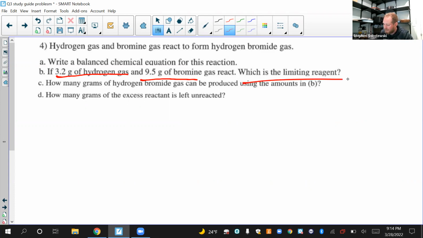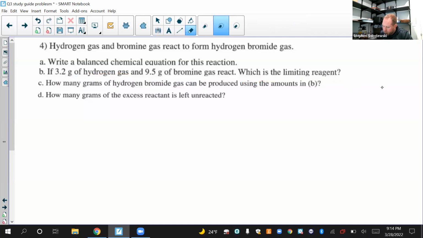In fact, I straight up asked that right here. Part C, how many grams of hydrogen bromide can be produced using that? And part D, how many grams of the excess is left unreacted? So we're asking quite a lot about this, including mass of excess that's unreacted. I would say this justifies us starting a BCA table, maybe not even finishing the BCA table, but at least starting it.